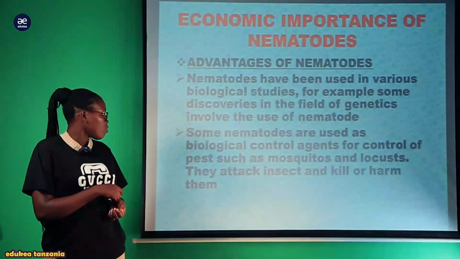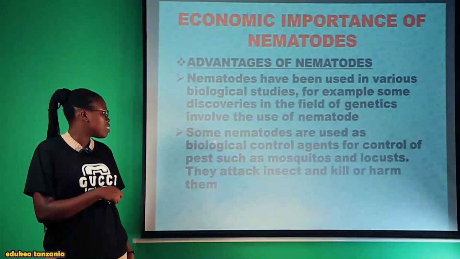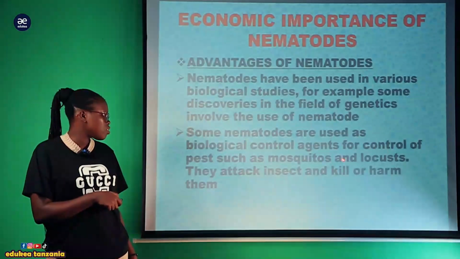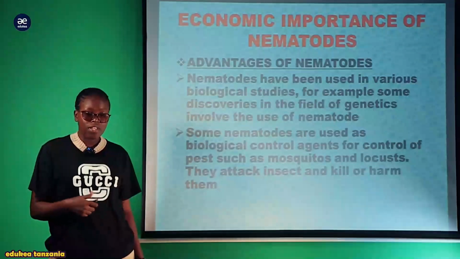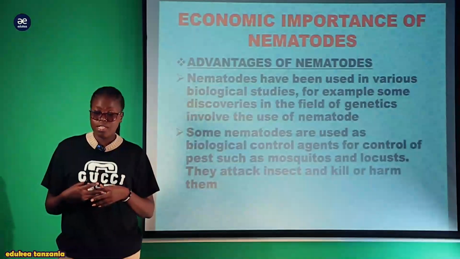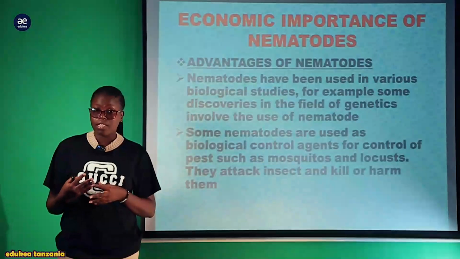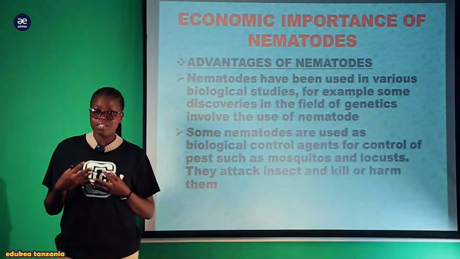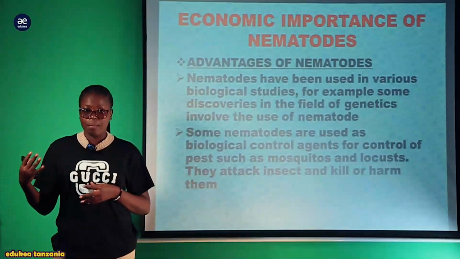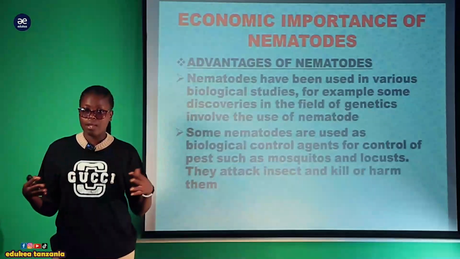Likewise, some nematodes are used as biological control agents for control of pests such as mosquitoes and locusts. In biological control, this organism is used without harming the environment, just reducing the pest population.